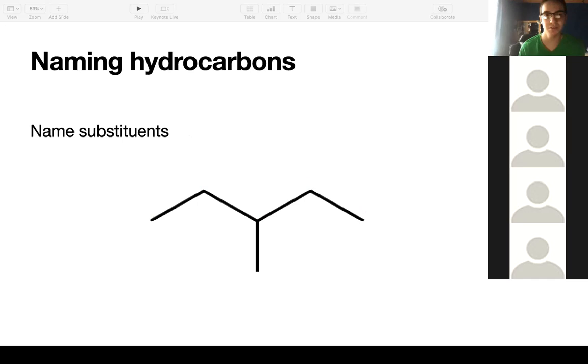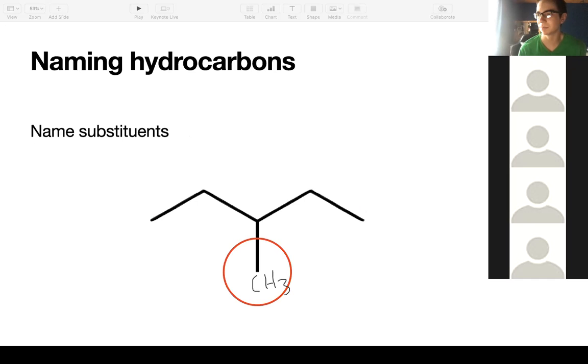The next thing we're going to do is name the substituents. So in this case, we have this CH3 sticking out. What is our name for a carbon chain that only contains one carbon?